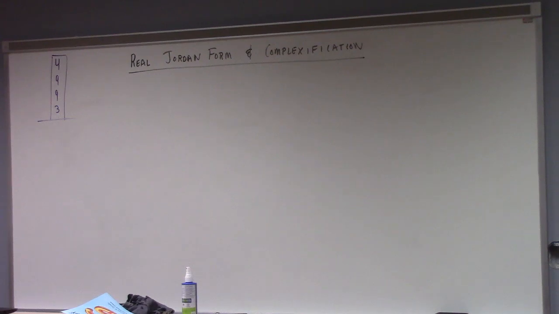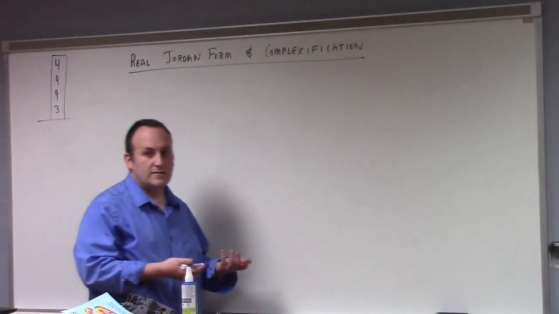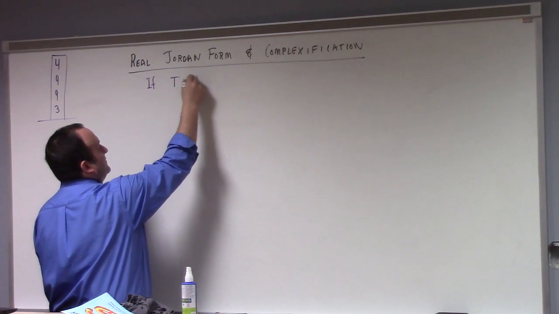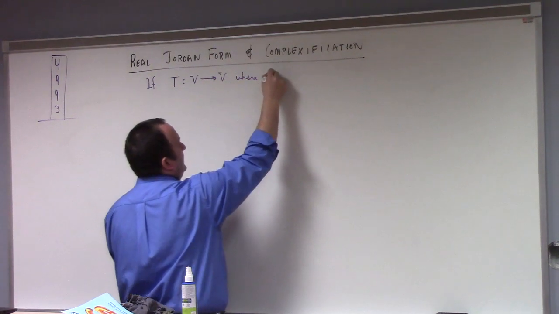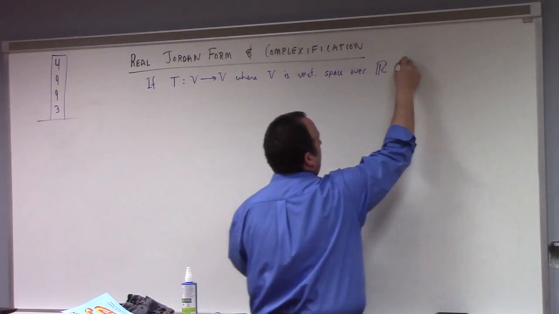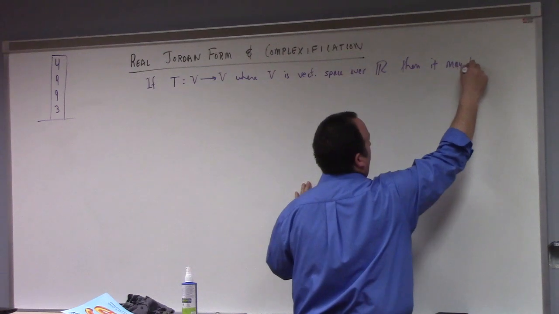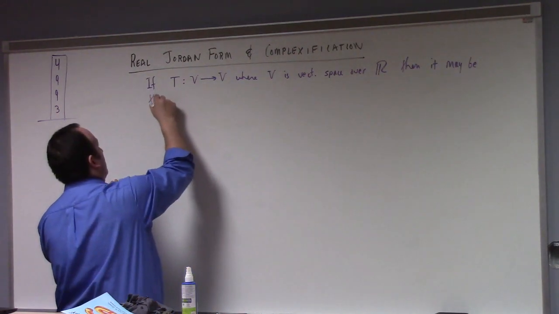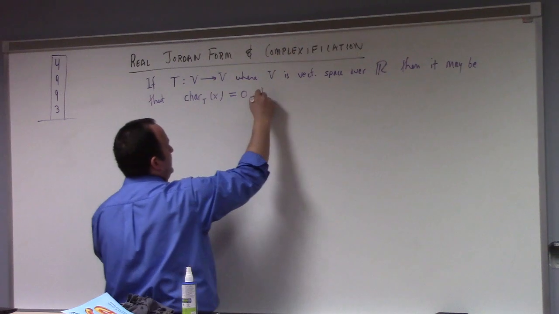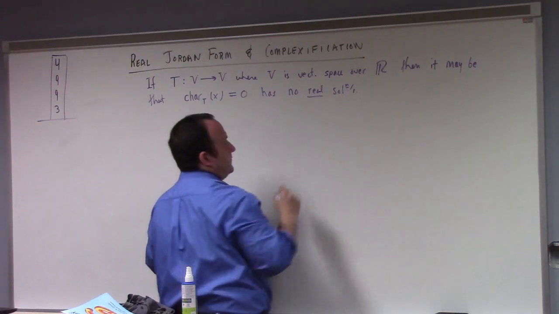Well, the trouble is, if we have a linear transformation from a real vector space to a real vector space, T is a linear transformation from V to V, where V is a vector space over R, then it may be that the characteristic polynomial equals 0 has no real solutions, right?